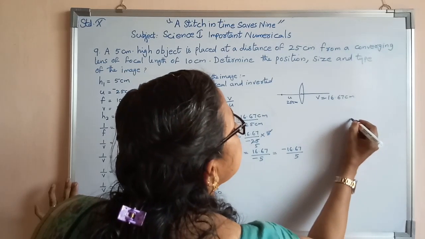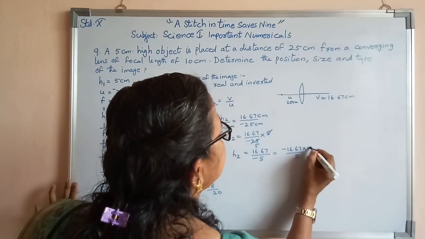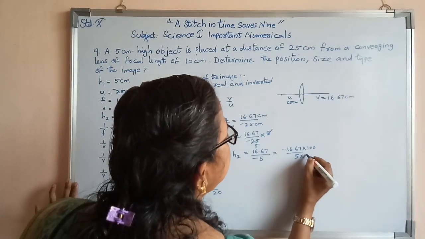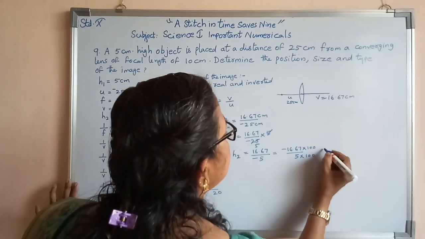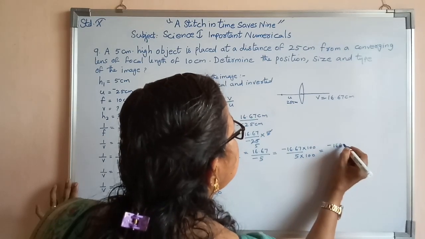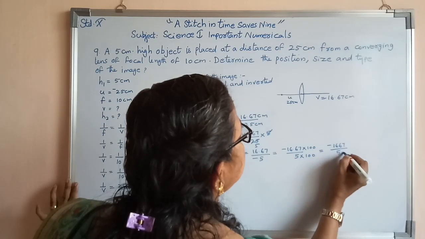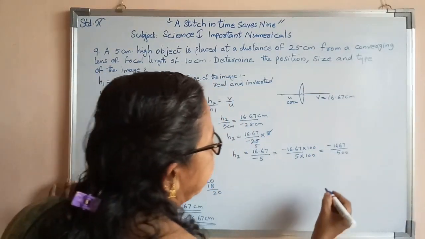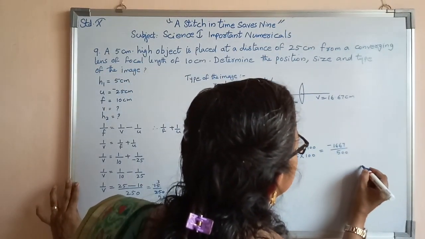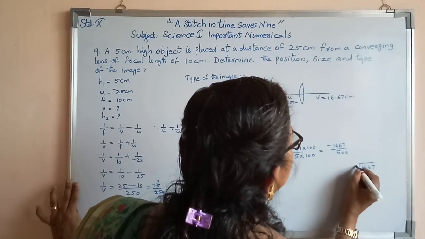Now these decimals we will remove by multiplying with 100, similarly here also we multiply with 100. So our value will be minus 1667 upon 500. Now we have to divide 1667 by 500.